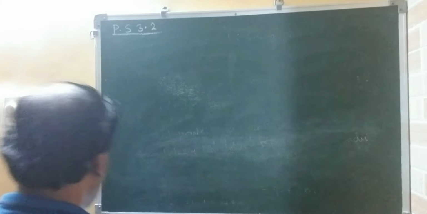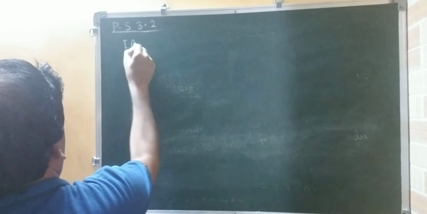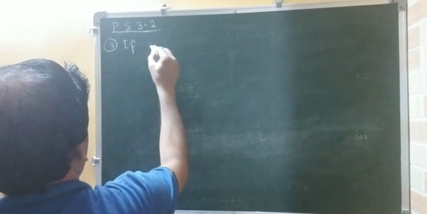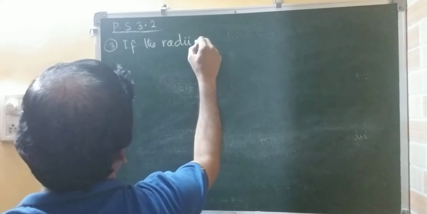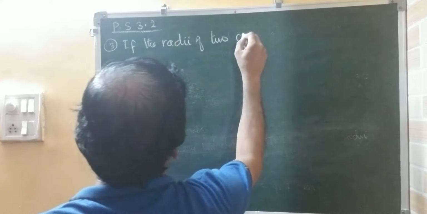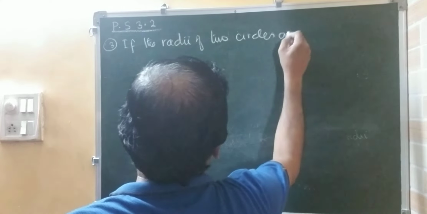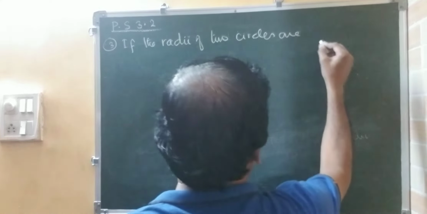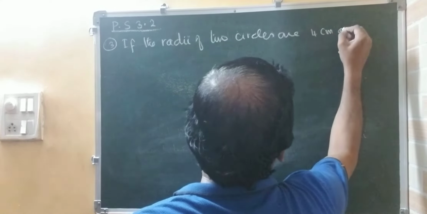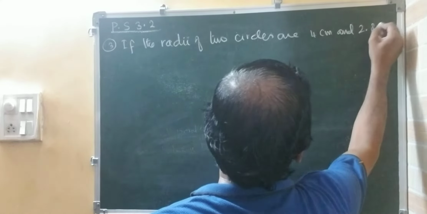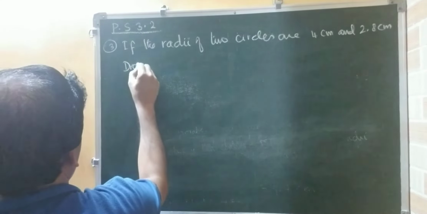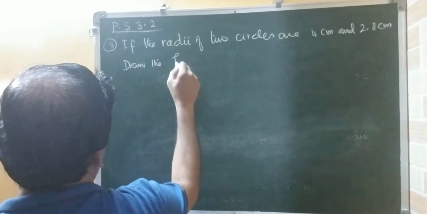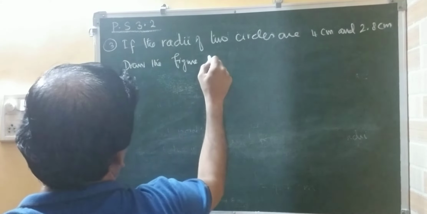What they say: if the radii of two circles are 4 centimeter and 2.8 centimeter, draw the figure, 1.